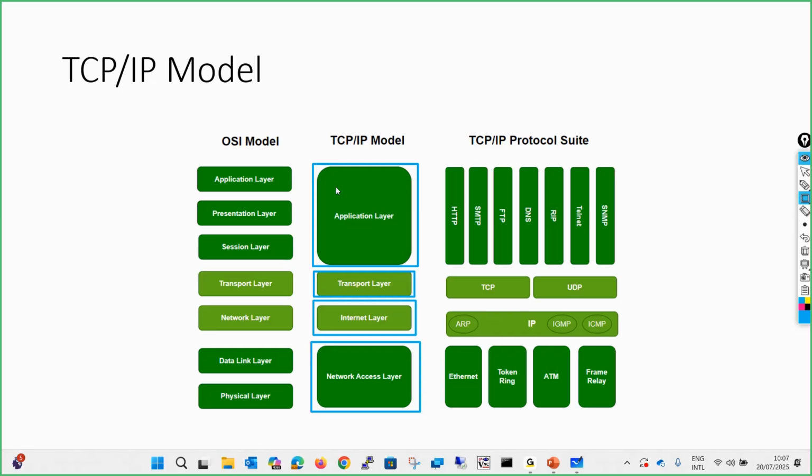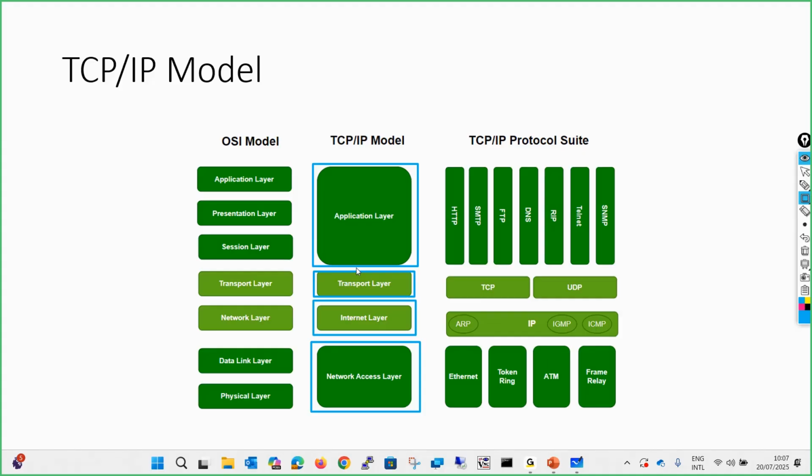Then there is the transport layer, which ensures that the data delivery is reliable and there is no error during transmission. The protocols supported there are the same protocols supported here as well, that are TCP and UDP. TCP provides reliable, connection-oriented delivery.